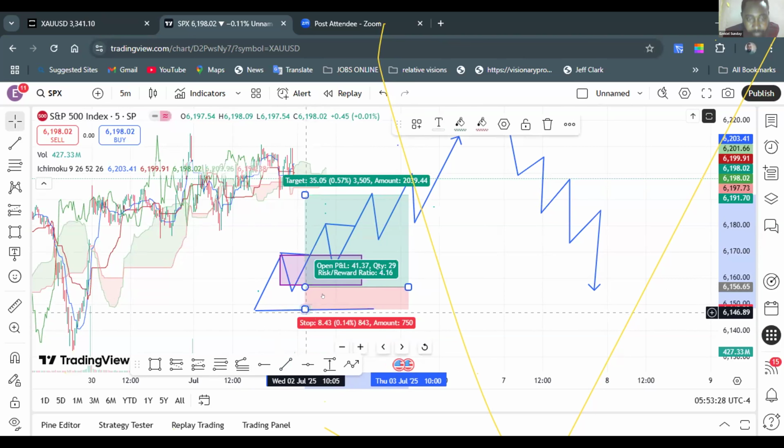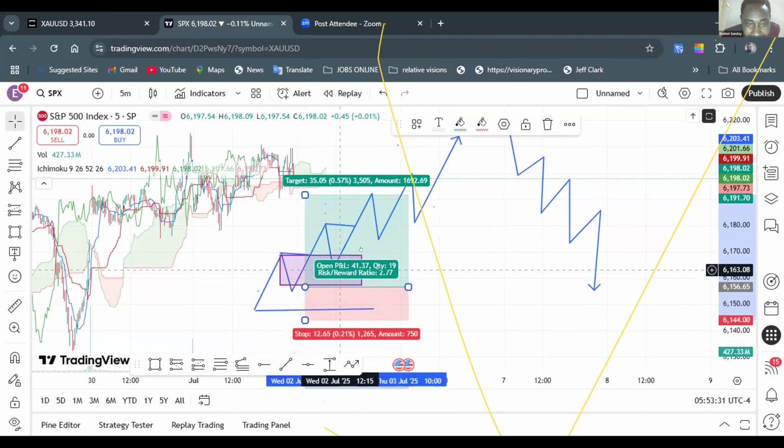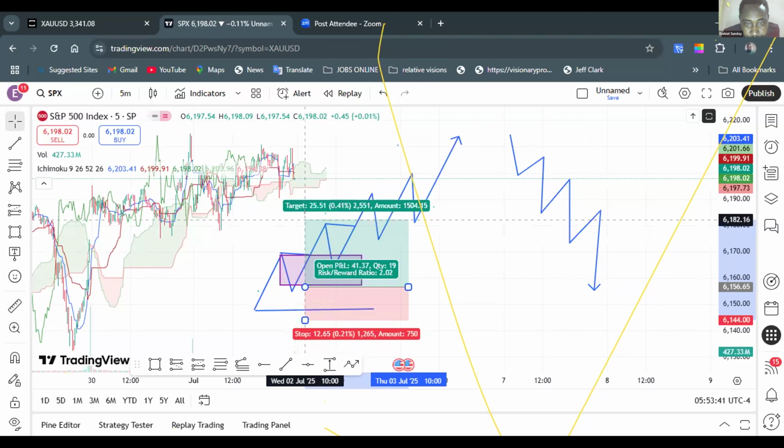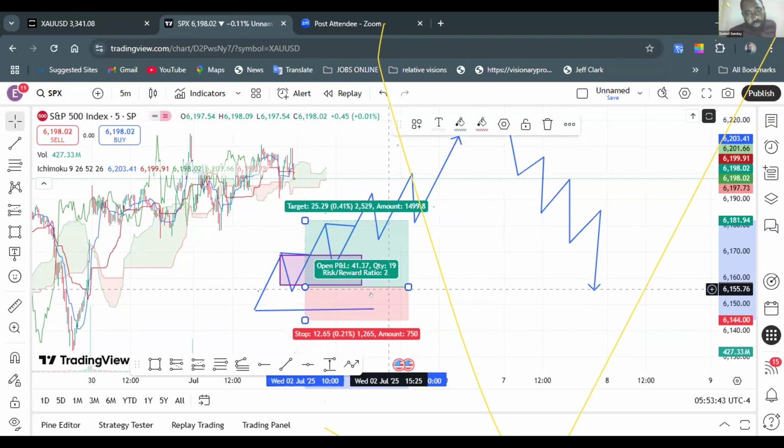If it's a 1:2 risk to reward ratio you're looking for, you double this. If your analysis is not respected, you lose this, and if your analysis is respected, then you win two times what you would have lost.